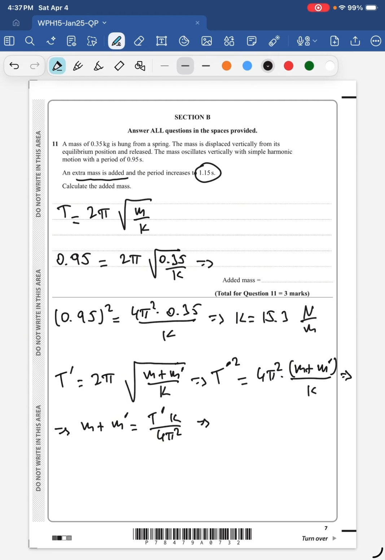And now we can write m prime as T prime squared times k over 4 pi squared minus m. And if we plug in numbers, we will find 0.16 kilograms, which is the answer. Okay, I hope this makes sense.